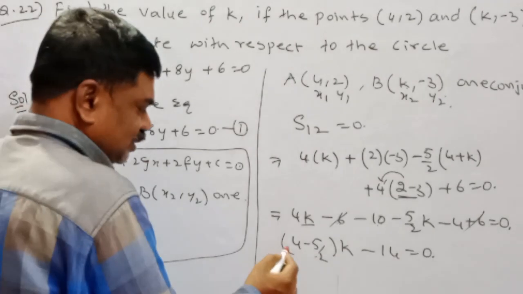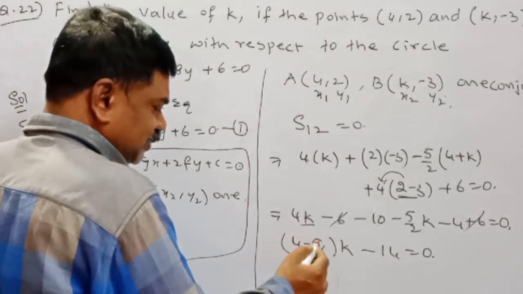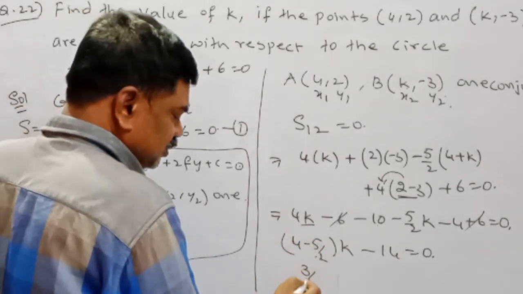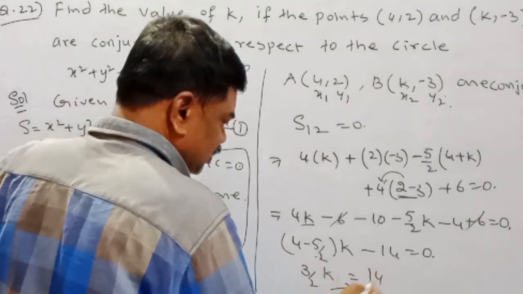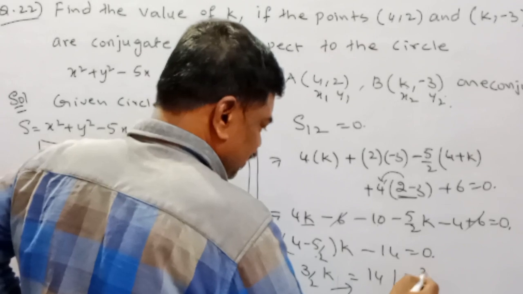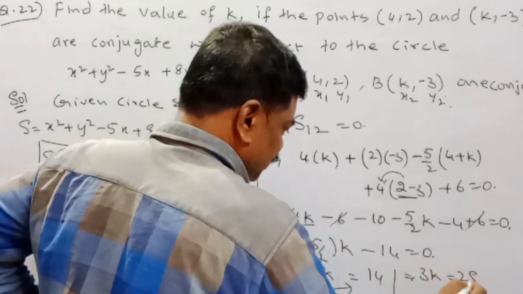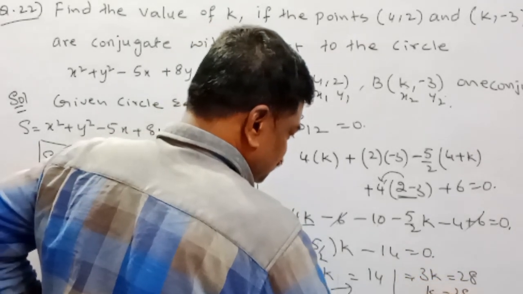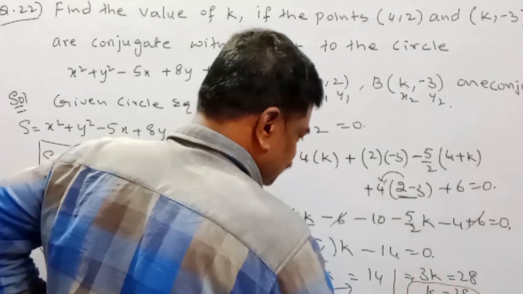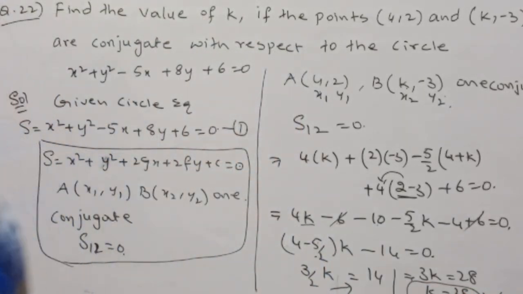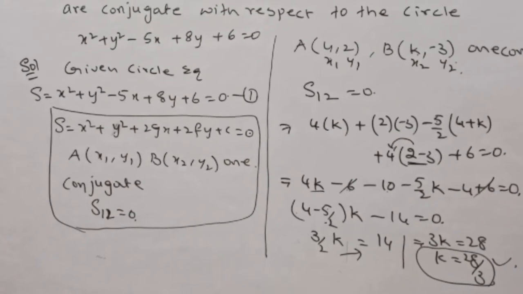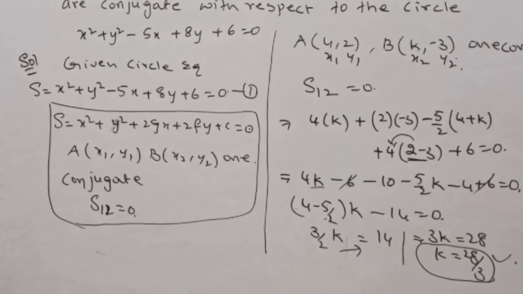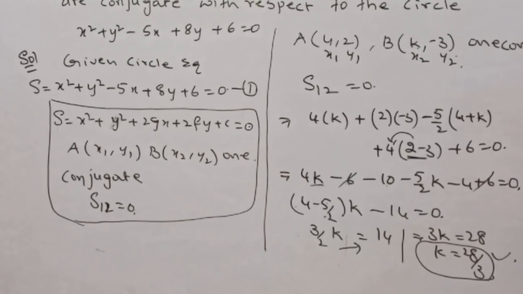Okay, all of you, LCM is 2, 8 minus 5, this is 3 by 2k is equal to 14. By cross multiplication, 3k is equal to 28, k is equal to 28 by 3. K is equal to 28 by 3 is the k value. Okay, all of you. That's all.